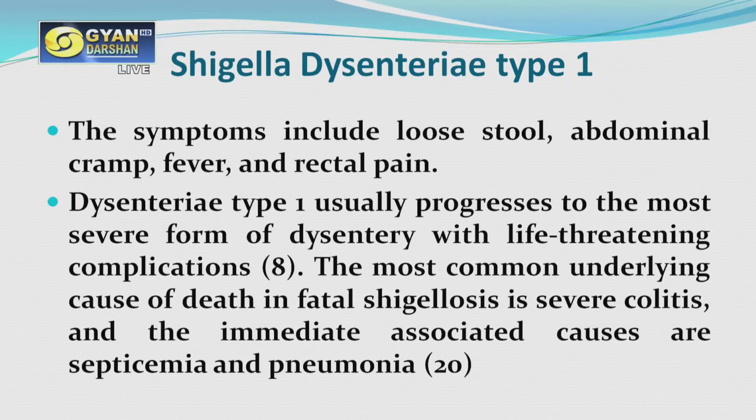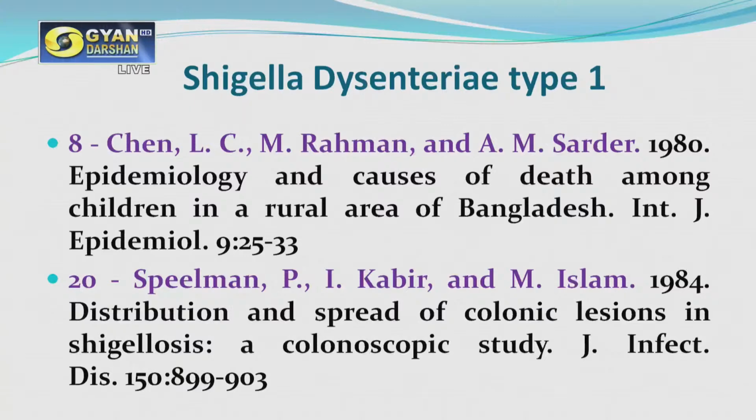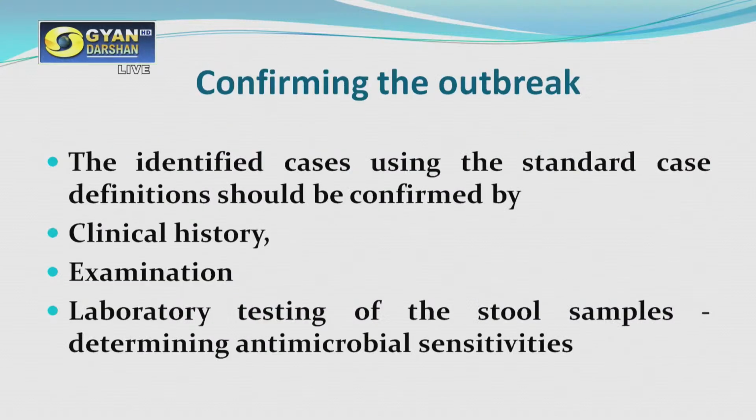Dysentery type 1 usually progresses to the most severe form of dysentery with life-threatening complications, so there can be death. The most common underlying cause of death in fatal shigellosis is severe colitis, and the immediate associated causes are septicemia as well as pneumonia. These are the references from where I took this definition.